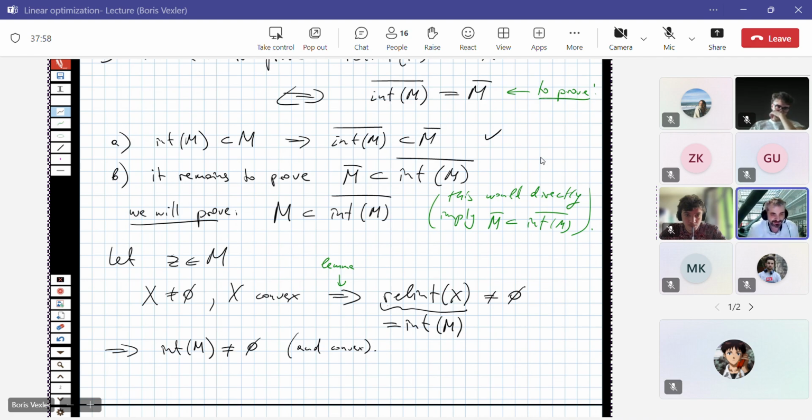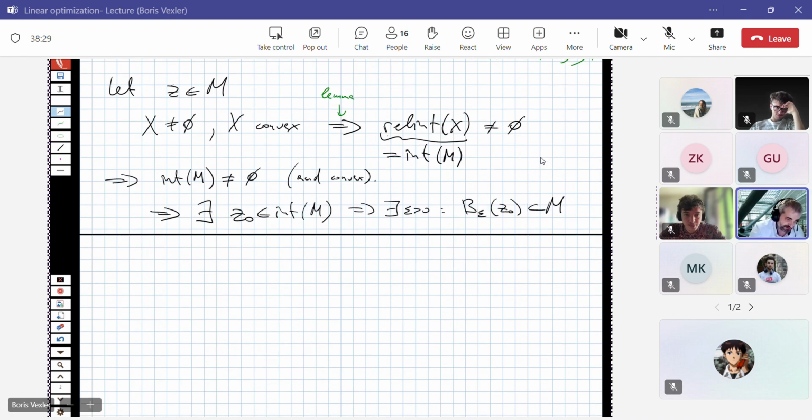It is not empty. Therefore, we can take some element there: there is some Z0 in the interior of M. Again, just write down what it means. It means there is an epsilon larger than 0, such that a ball of radius epsilon at Z0 is a subset of M. Okay, let me make a picture.